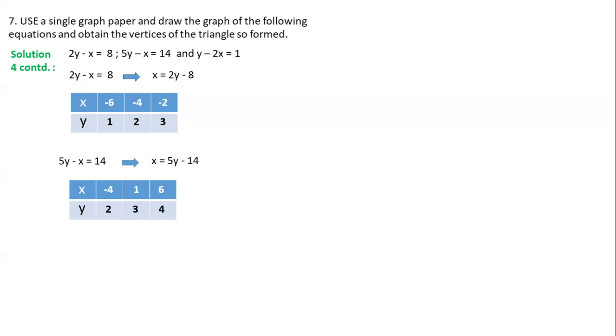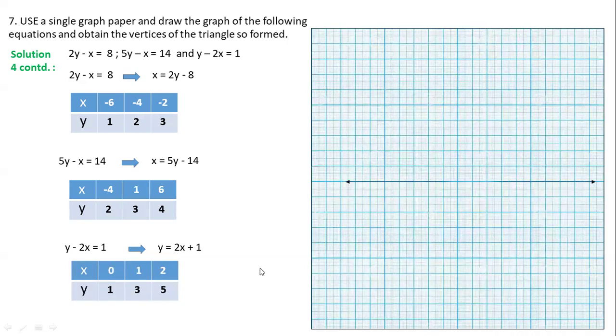Here, I'm just directly doing the calculation. I'm not showing you the calculation part. I'm just putting the values directly. So it can be written as y is equal to 2x plus 1 and these values. Draw the graph. Hope you can calculate yourself, okay?